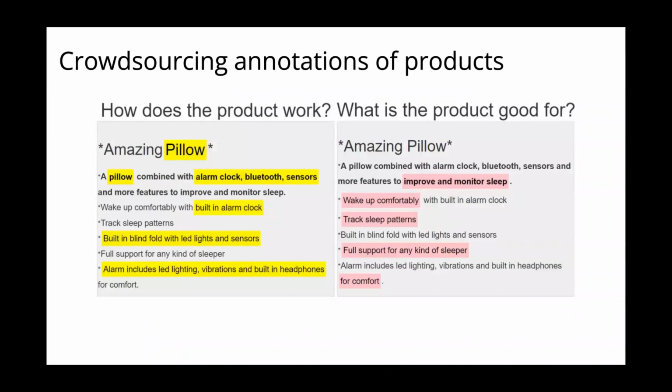We first want to automatically extract fine-grained purposes and mechanisms from raw product descriptions so that we can use them for our applications. We begin by collecting crowdsourced annotations from real-world product descriptions, like this example of a technological pillow that has the purposes of monitoring and supporting sleep, achieved with all kinds of mechanisms such as sensors and a built-in alarm.